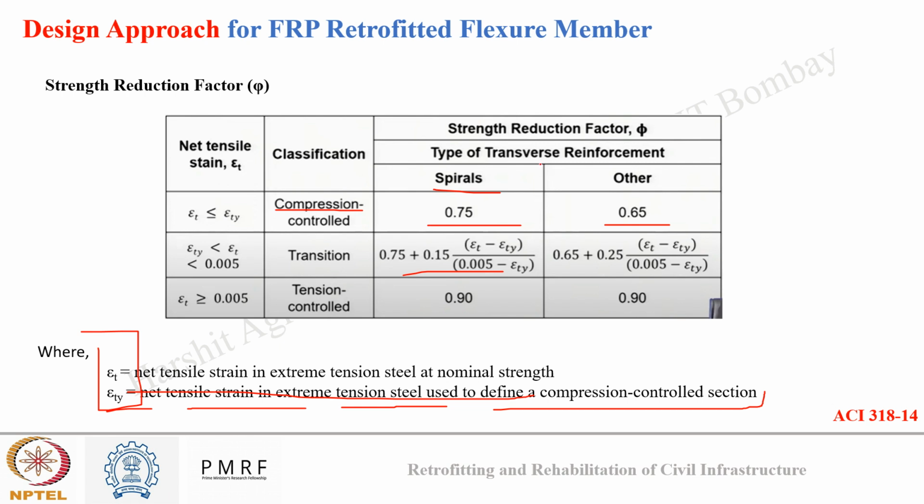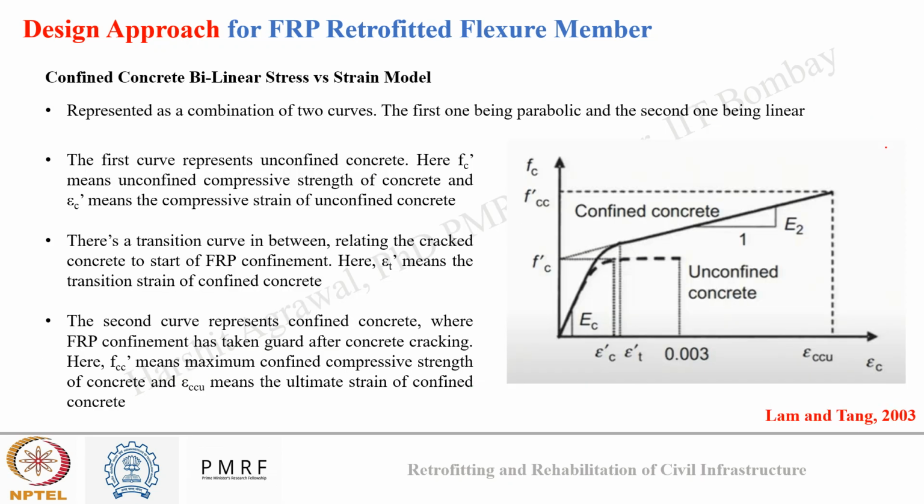For spiral reinforcement we use this equation, and for tie reinforcement we use these values. It is a linear variation: one varies between 0.75 and 0.9, and the other between 0.65 and 0.9. These values are decided as per the ACI 318 code guidelines.